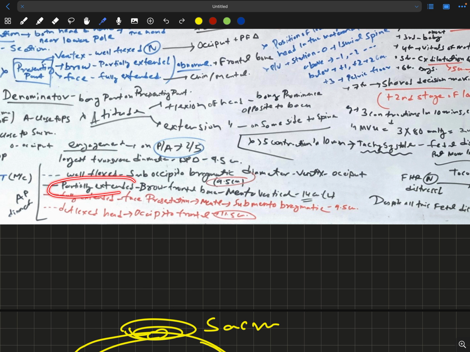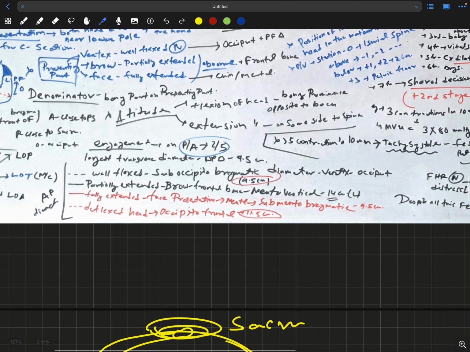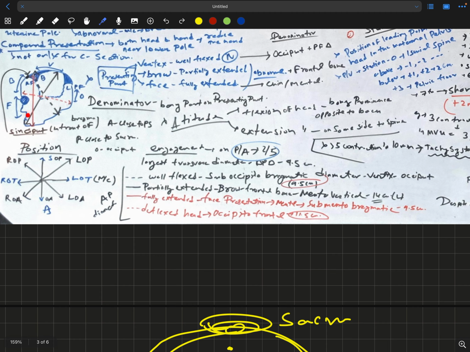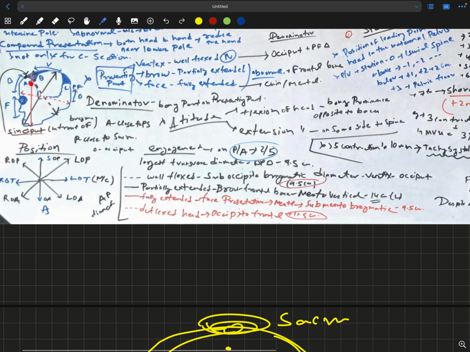In case of partially extended head, brow is the presenting part, frontal bone is the denominator, and the mentovertical diameter is the one I told you. Look, this looks parallel.